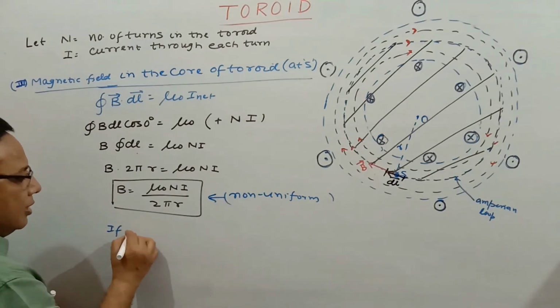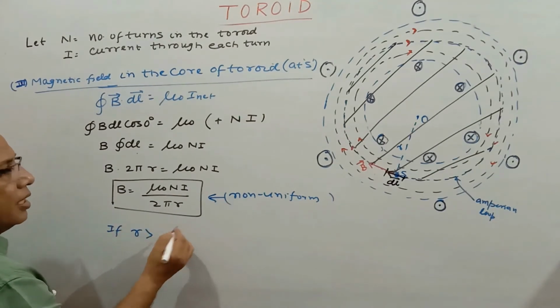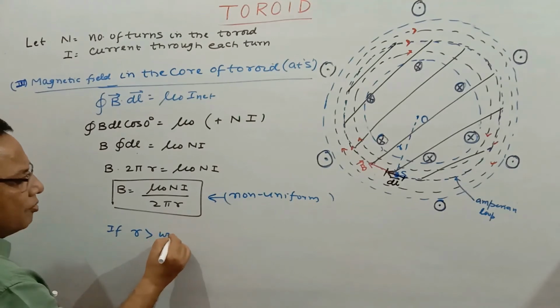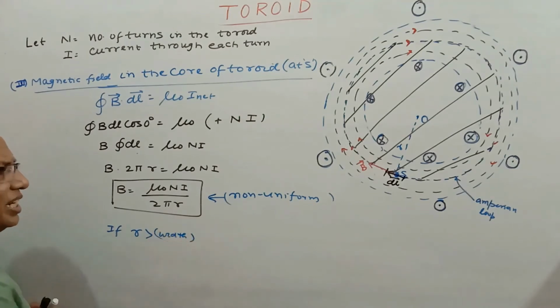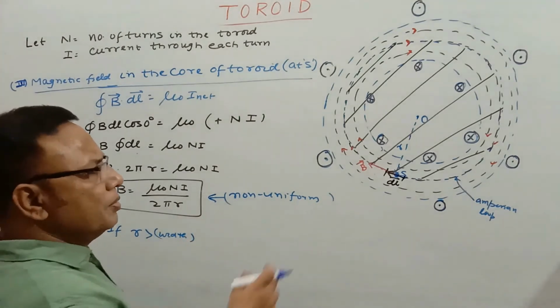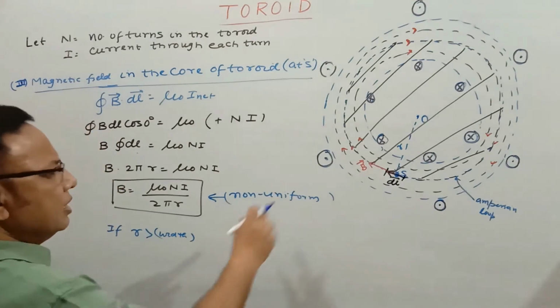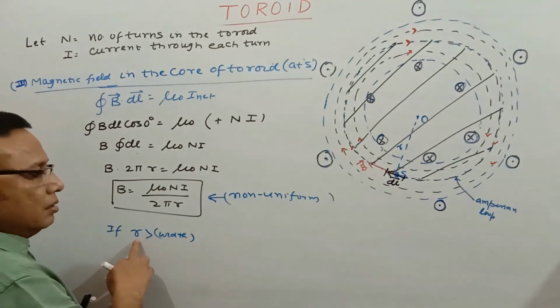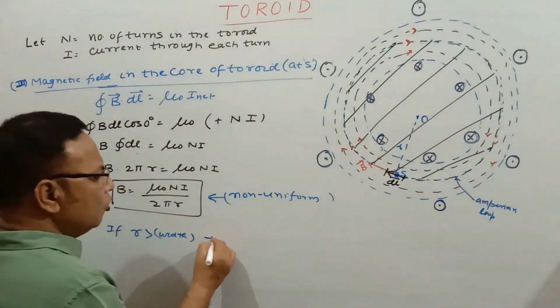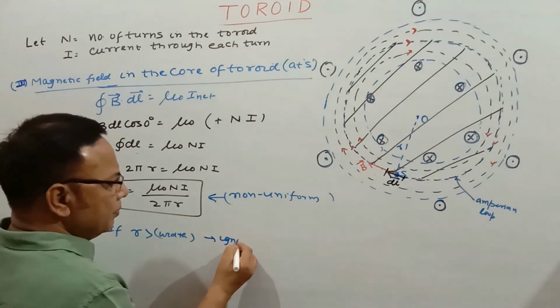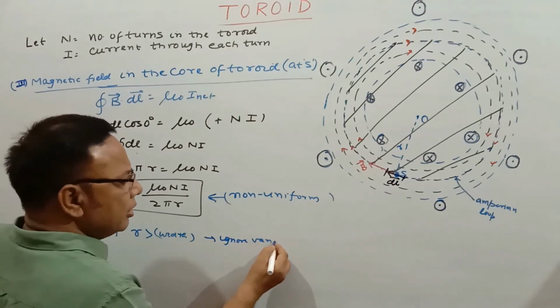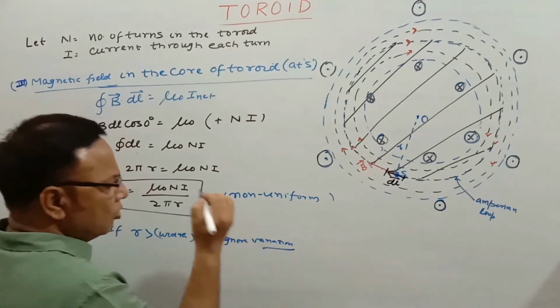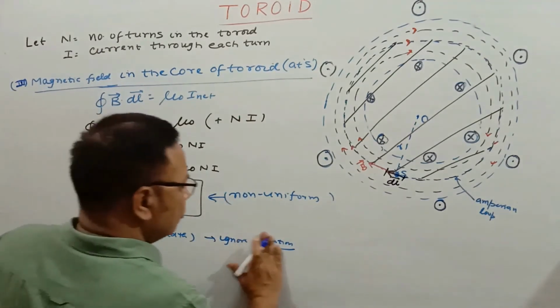Generally somewhere it is written as area, but area cannot be compared with distance, so we say if the width is less than r, then we can ignore the variation in B. It is assumed to be constant.